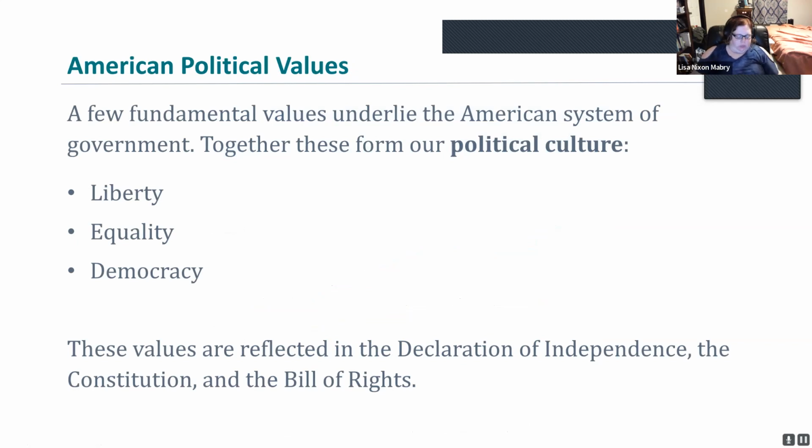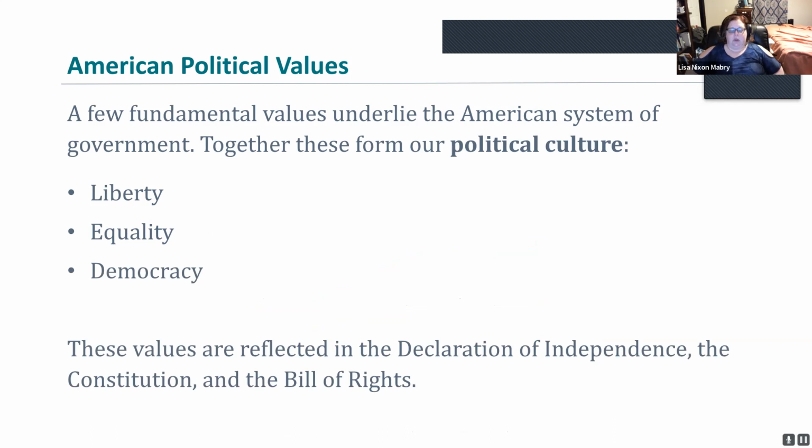So these are three pieces of fundamental values that we will talk about ad nauseum in this semester. So in addition to all the things we talked about, active citizenship, political knowledge, political efficacy, there are these three values that are the basis for our system, for our democracy.